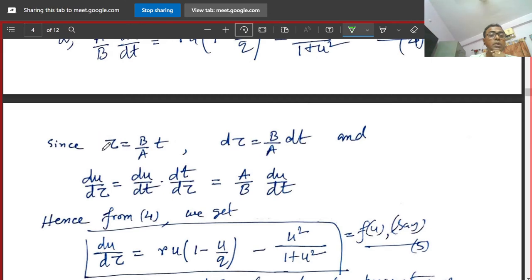Now the non-dimensional time tau equal to B by A into t, so d tau equal to B by A into dt.